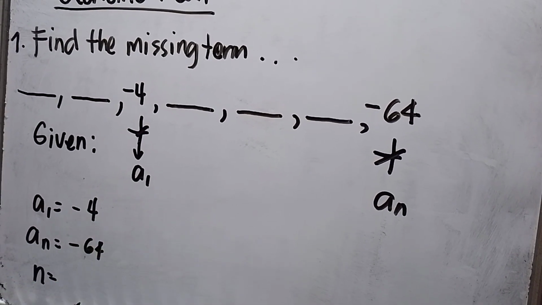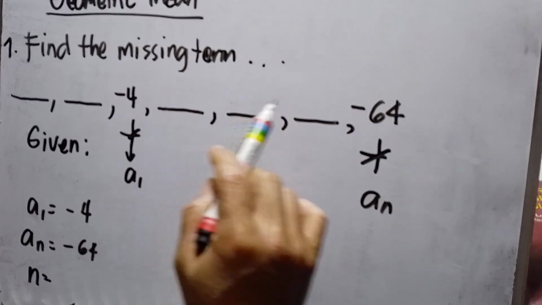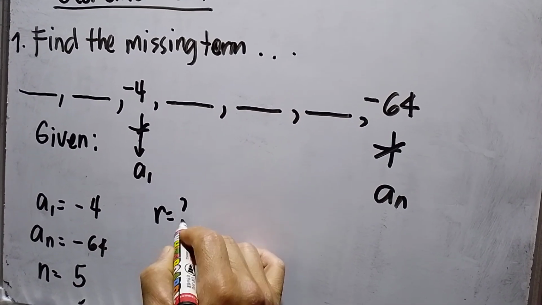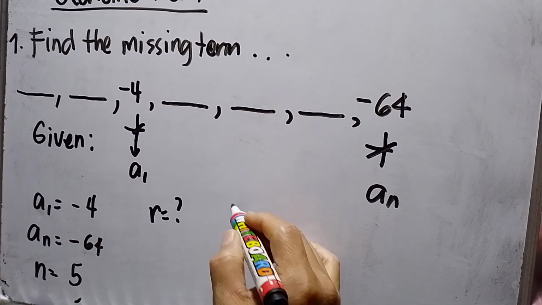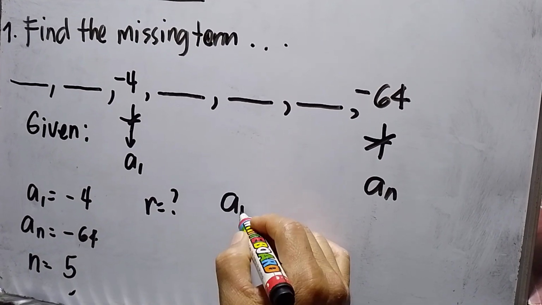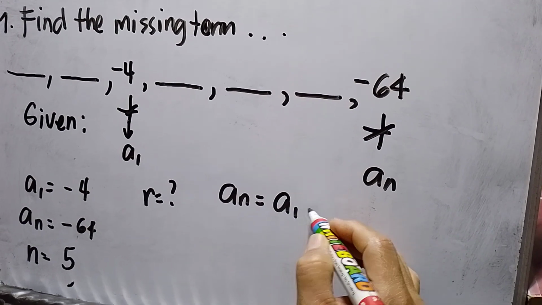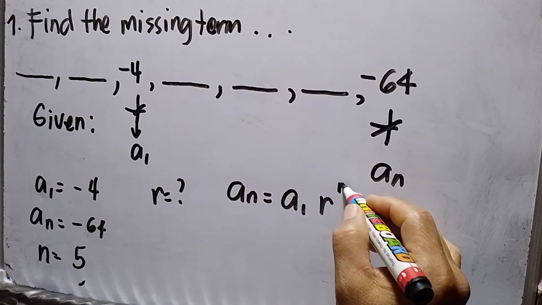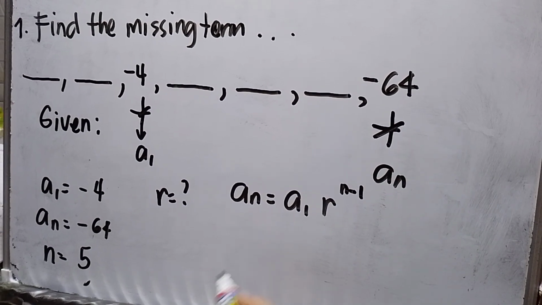So n is equal to 1, 2, 3, 4, 5. So this is 5. Now my question is, what is my r? So I need to solve r. So by using the general formula, an is equal to a1 times r raised to the power of n minus 1.